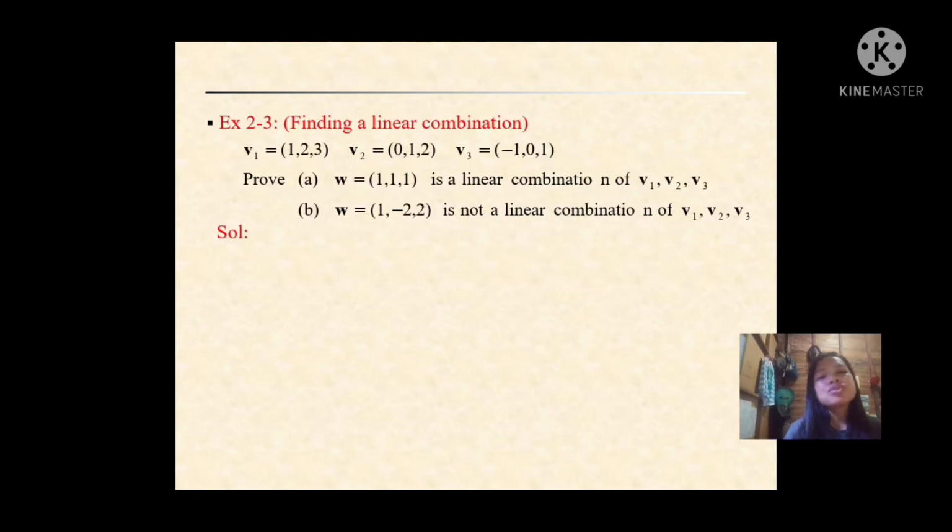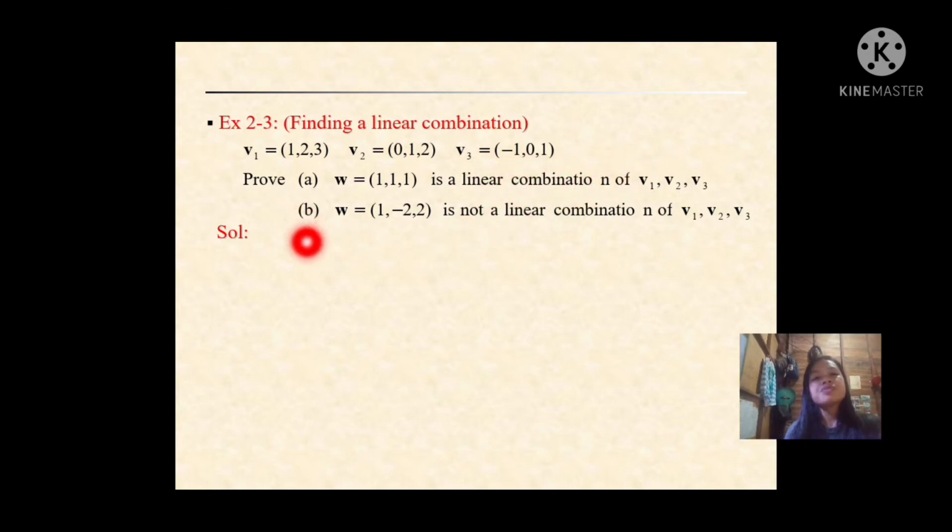For example, finding a linear combination. For vector V sub 1 equal to 1, 2, 3, and V sub 2 equal to 0, 1, 2, and V sub 3 is negative 1, 0, 1.